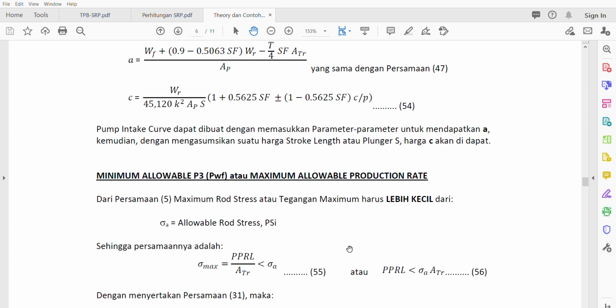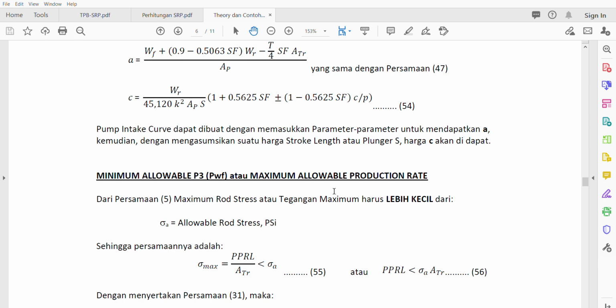Okay. So after we have this, everything is set up. We want to make sure that our design will not exceed the capability of the maximum rod stress, so it will not break the rod.